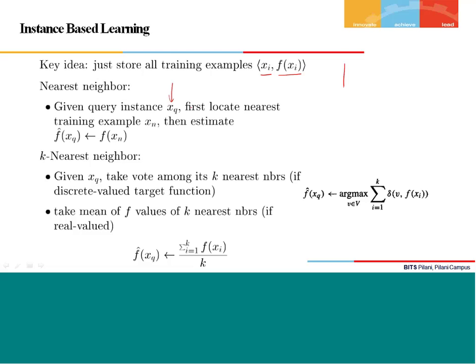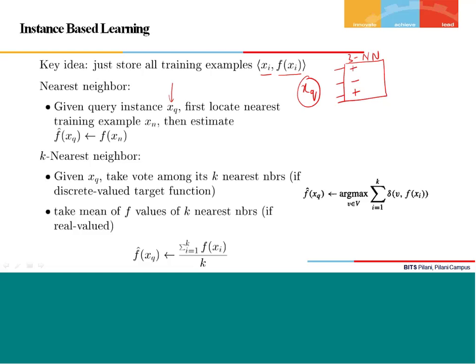For example, let's say I take 3 nearest neighbors. This is my query point, and in my data set I find these 3 samples nearest to xq. The first has a positive label, the second has a negative label, and the third has a positive label.